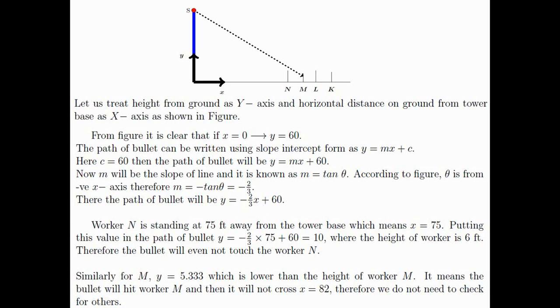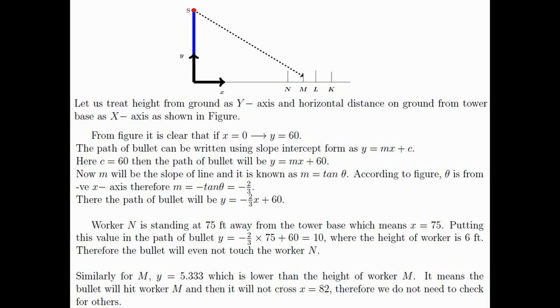Now, for the bullet to hit a worker, the line should pass through a point whose y coordinate is equal to or less than the height of the worker.